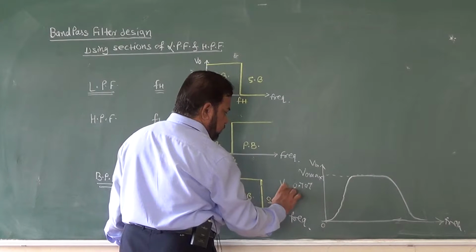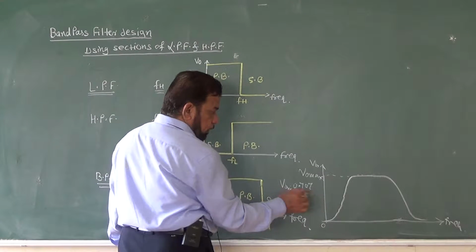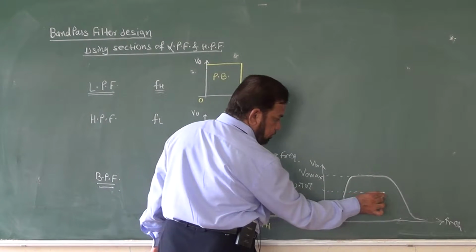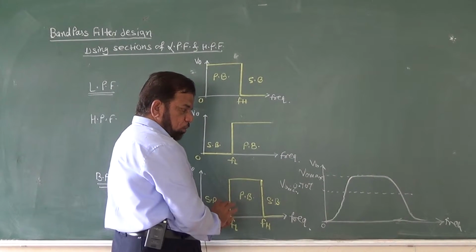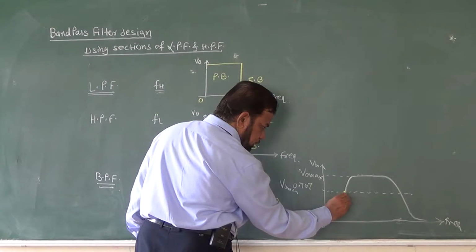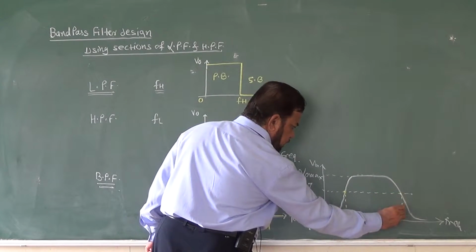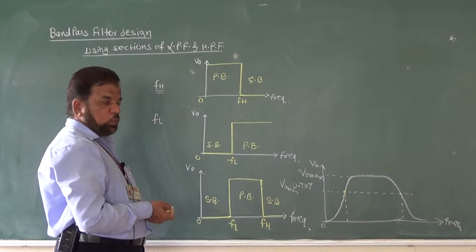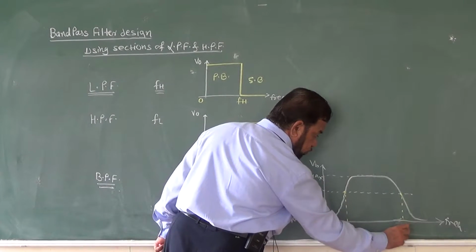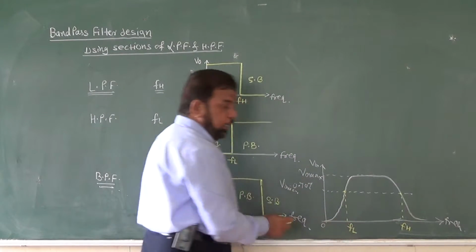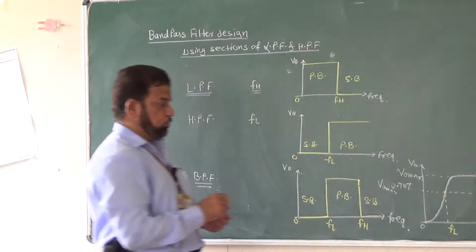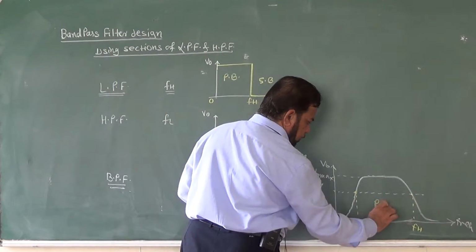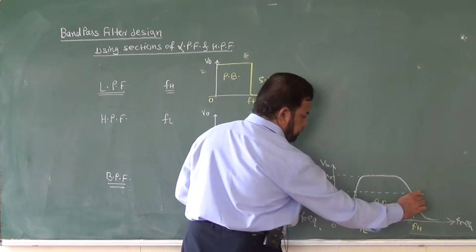So here is your VO max. So you will get the point somewhere here. And corresponding to these 2 points now, okay, so this gives us 1 point, this gives us another point. So if I write this to be say fH and this as fL, then fH minus fL is the pass band. So here is the pass band, whereas here you are getting the stop band.